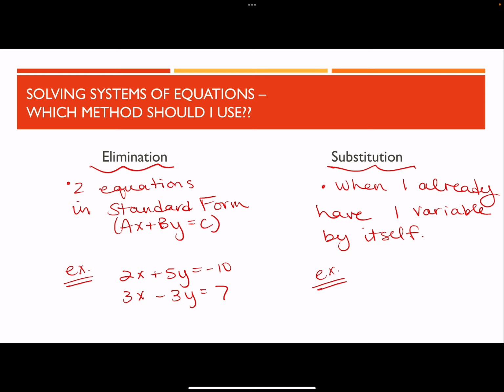If one of my equations is 5y = 3x - 2, and the other is x = -2y + 7, see how this x is already by itself? Because that x is already by itself, I can pretty easily take this and plug it in for x in the other equation. That's the process of substitution.